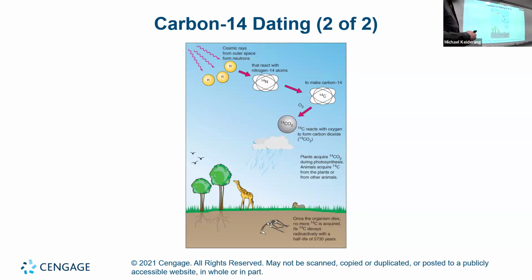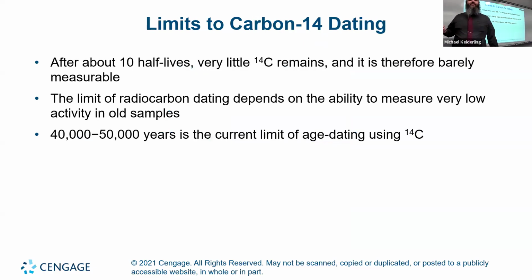So cosmic rays turn nitrogen-14 into carbon-14. The carbon-14 reacts with oxygen to form carbon dioxide. That ends up in plants for plant respiration. Then living things, people or animals, eat the plants, and then you can measure the amount of decay there.